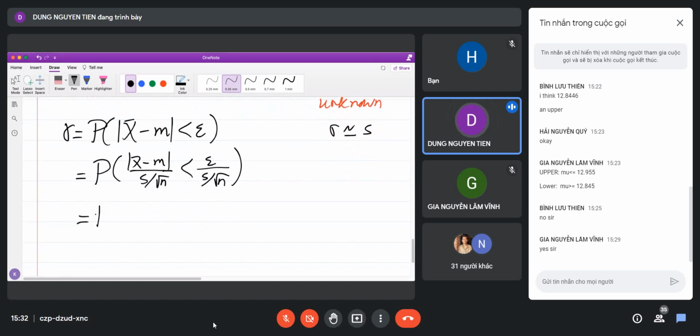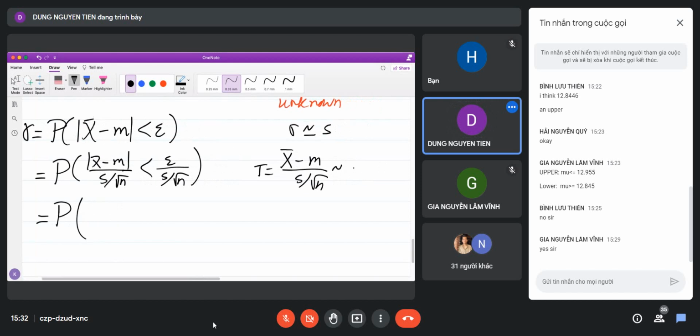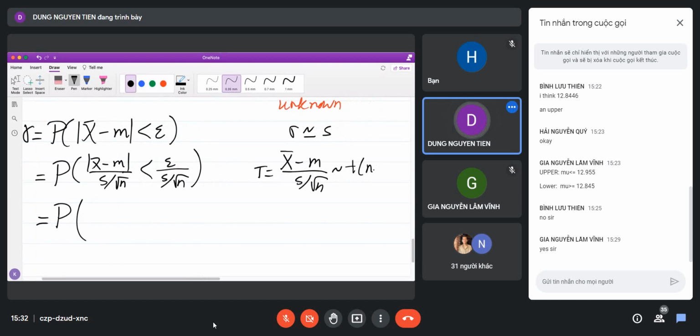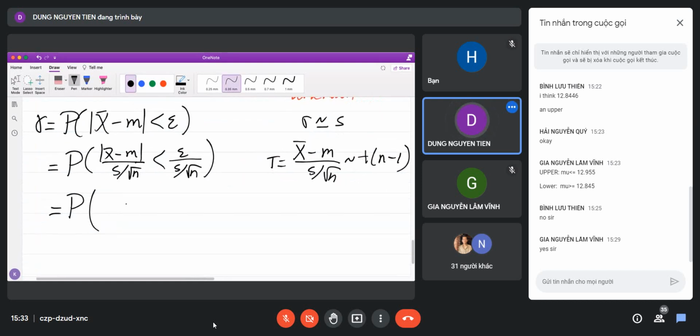On the other hand, we know that x bar minus m over s over the square root of n, let's say this is t, follows a t distribution with n minus 1 degrees of freedom. I will tell you about this distribution later. So after all, you get the absolute value of t less than c, where c is this one. Okay.